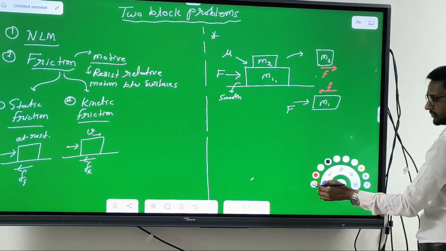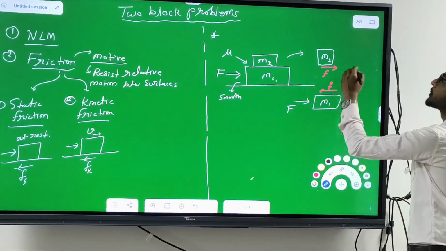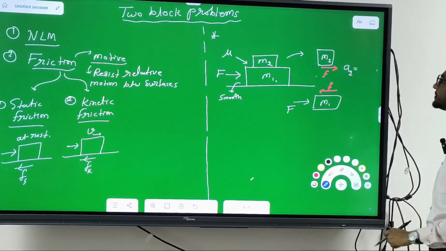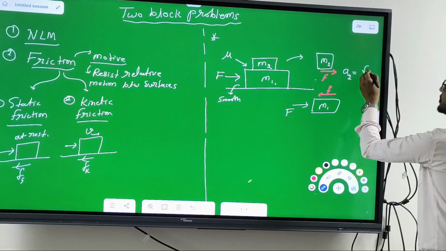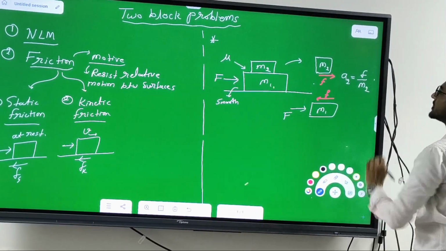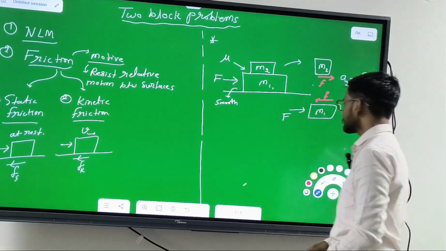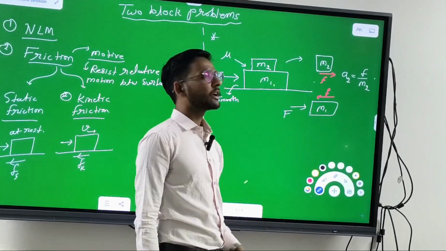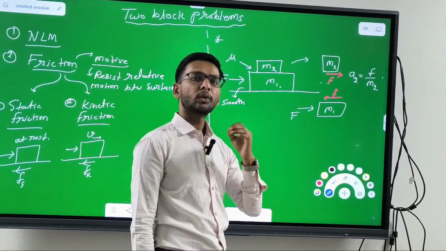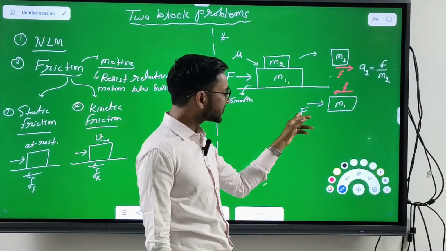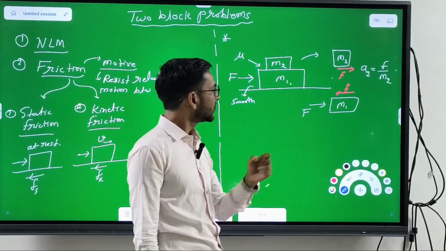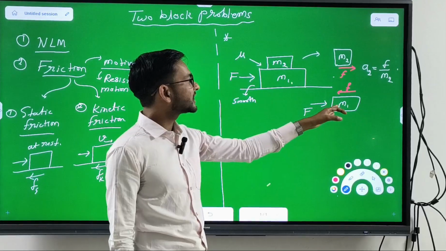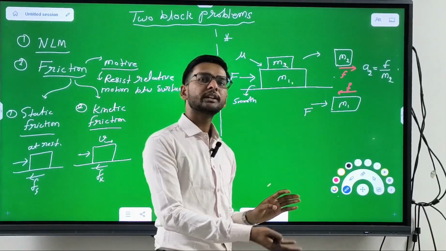If we write the acceleration of the M2 block, what will it be? It is f by M2. See students, we can increase the acceleration of the M1 block as much as we want because the external force is in our hand. If we increase the external force F, the acceleration of the M1 block will also increase.